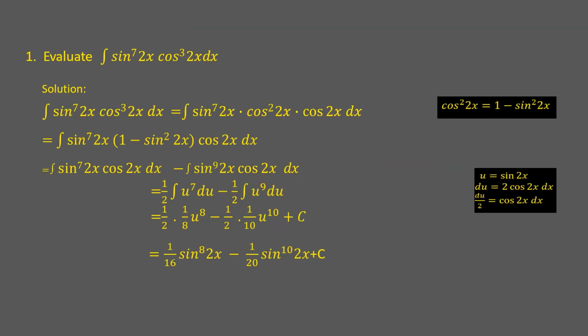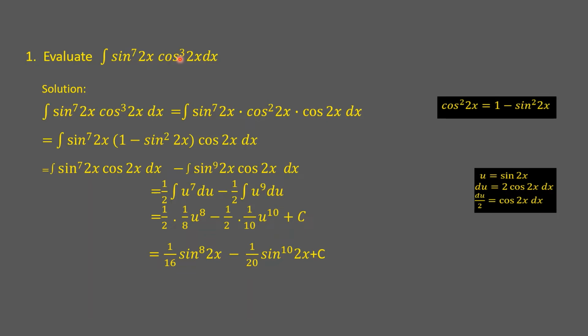Okay, let us work with a particular example: to evaluate the integral of sine to the 7th 2x cosine cubed 2x dx. This particular integral falls under the case where at least one of the exponents of the sine or the cosine function is a positive odd integer. In this case, both exponents are positive odd integers.